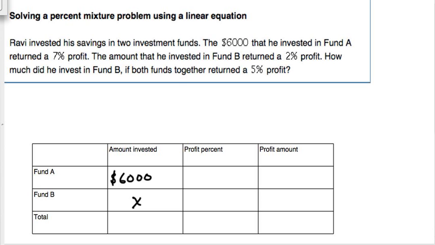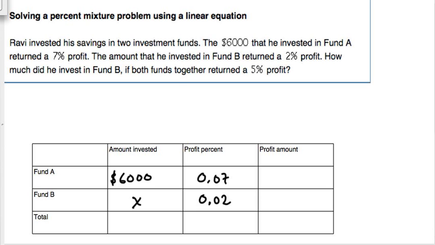The profit percent from Fund A was 7%. We're going to change that into a decimal, so we write 0.07. The profit return from Fund B was 2%, which we also write as 0.02.